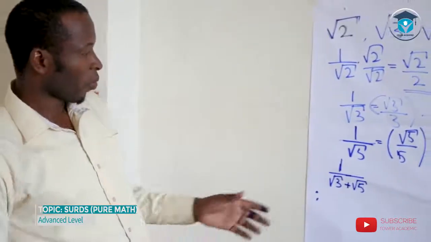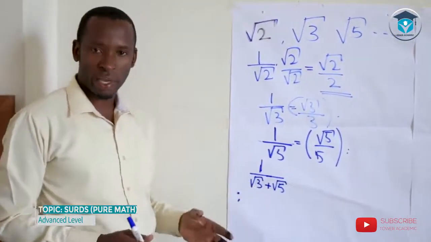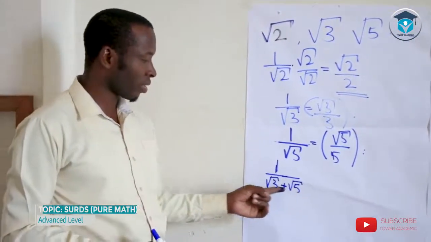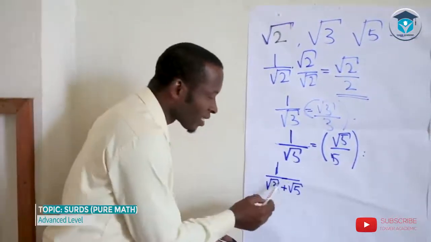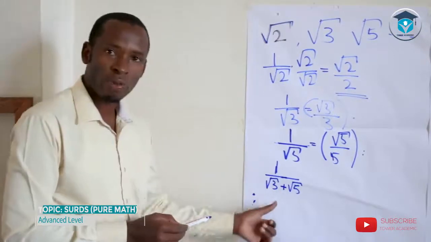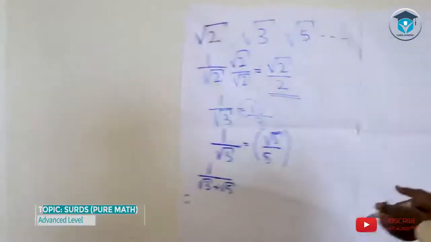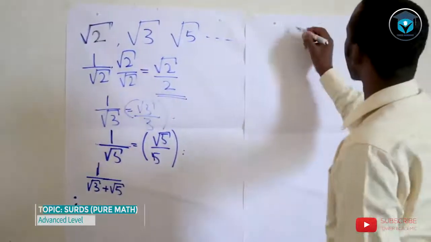Now, when I'm trying to rationalize this, we introduce what we call a conjugate. A conjugate is a number resembling these Surd forms, but the difference in the conjugate is that the signs will change. If this is a positive, for the conjugate to be a negative.